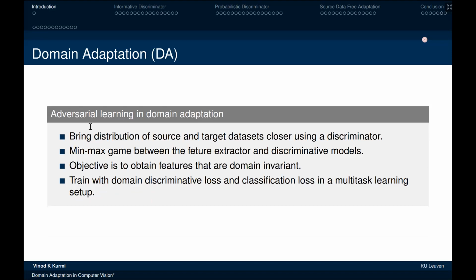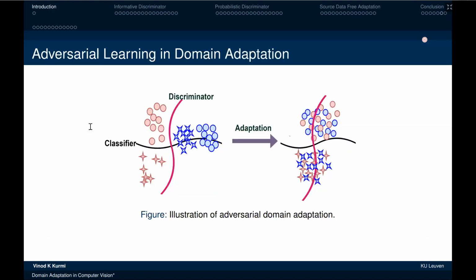Adversarial learning has the benefit that it is a learnable loss. We are not defining what kind of loss or what kind of space they are mapped to for minimizing their discrepancy. It will learn automatically by itself from the data. That's why we are focusing on the adversarial learning setup. So I will talk about the adversarial setup in the next slide.